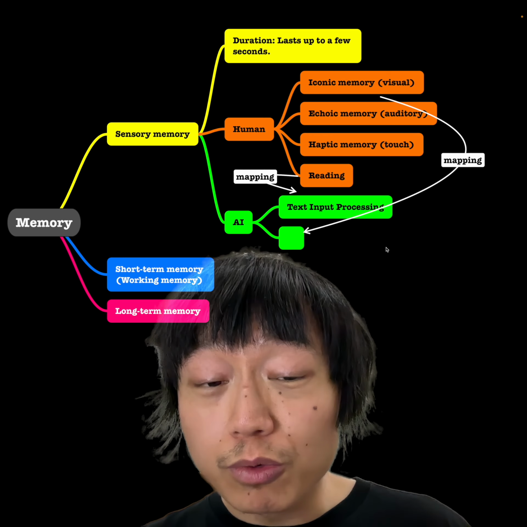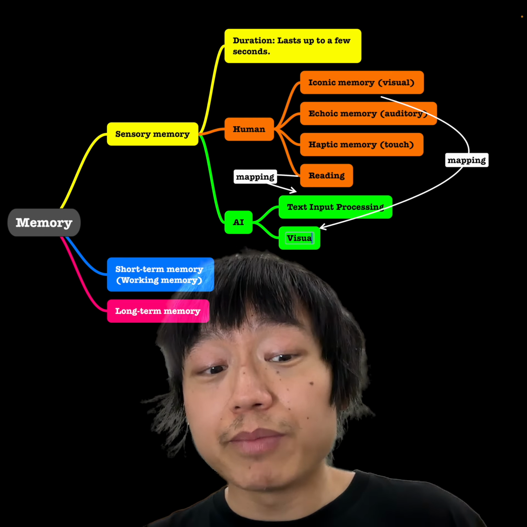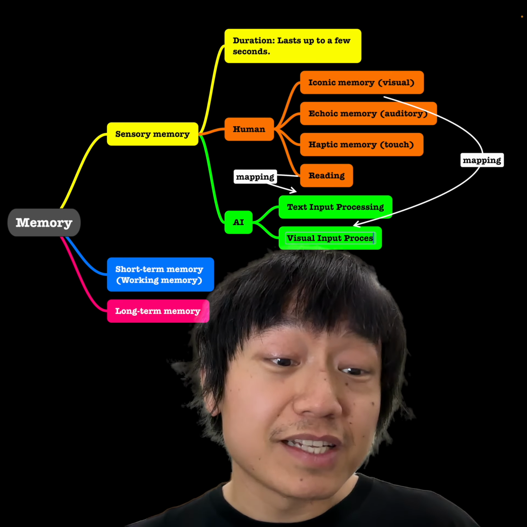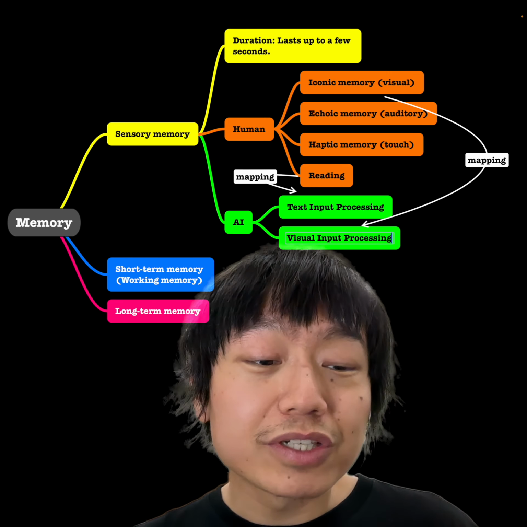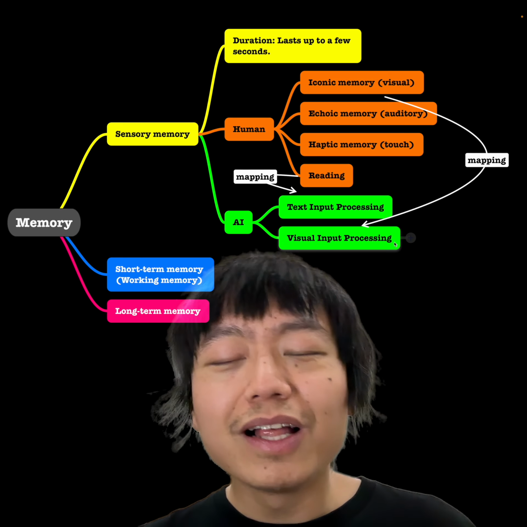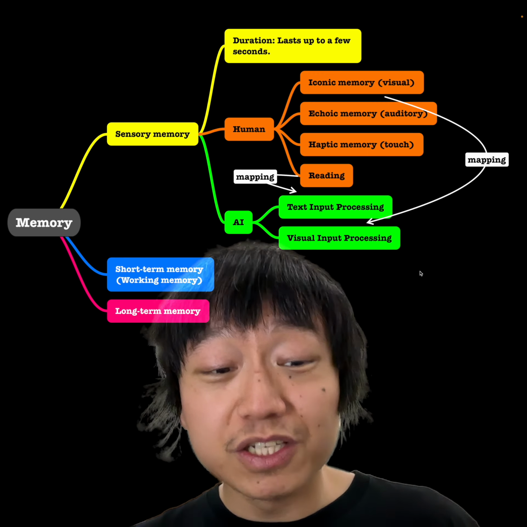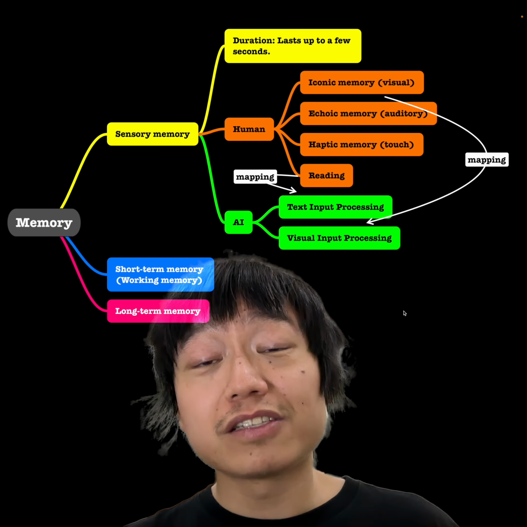A large language model like GPT converts the input text into token embeddings, representing each word or character in high-dimensional space. For example, when you type "Hello, how are you?", the model creates embeddings for each word to understand the context.